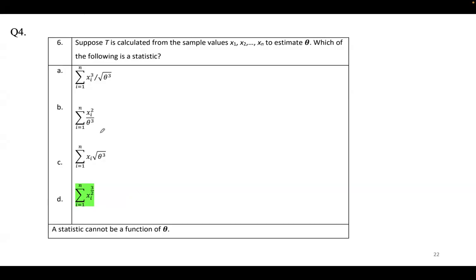They could all be statistics. But when you want to estimate mu, mu would not be in that statistic itself. Okay. So if you want to estimate something, that should not be in the formula itself. So which is why the other option, which does not have that, is the answer. Okay.